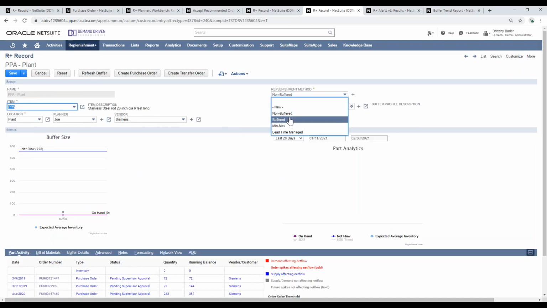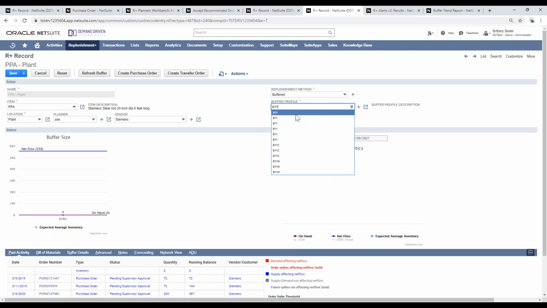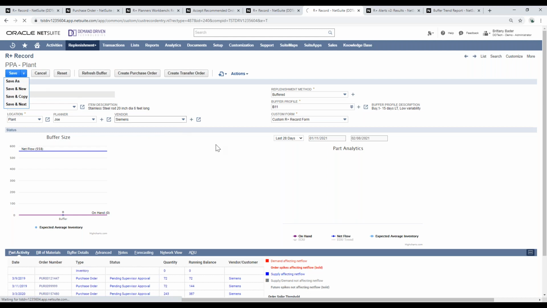During an implementation, we would spend a lot more time here applying the right buffer settings, really doing an analysis on this part before we actually assign a buffer. But what you'll see here as I apply this buffer is right away that buffer profile is going to be assigned to PPA. So we'll have constant material availability now when we want to go back and make FPA in the future.